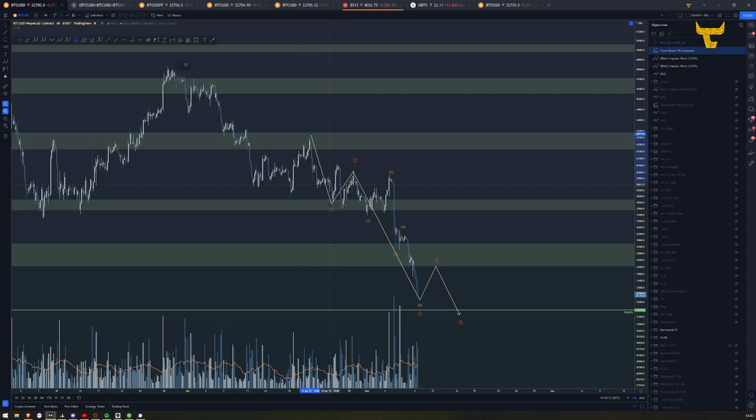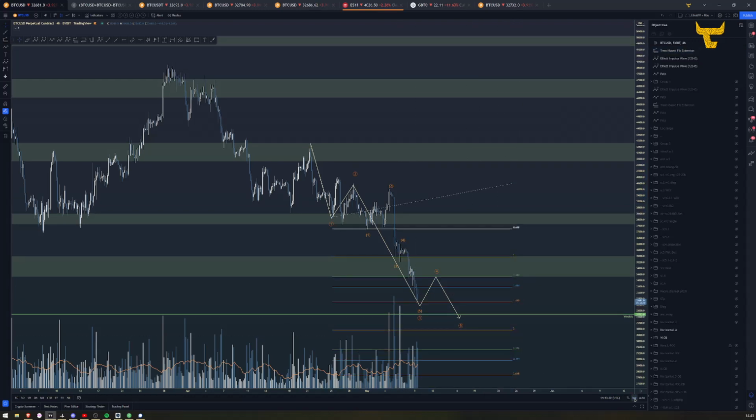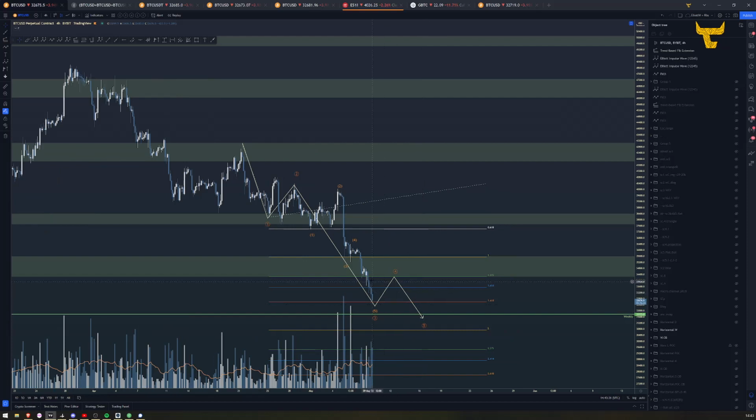Sorry, I don't want to be too slow, but it takes more time to do things right. 1, 2, 3, 161 target reached. Let's make it complete here. On log, on linear, we are precisely at the 161.8 right now, precisely, because we are taking the intermediate low and intermediate high.